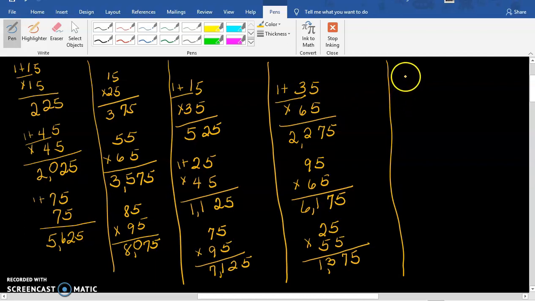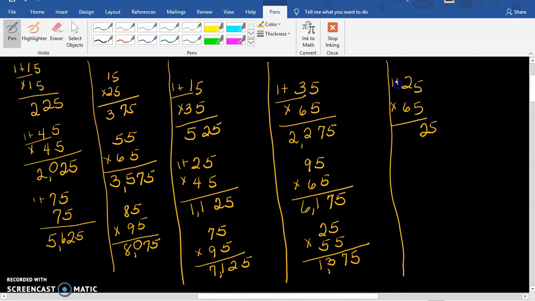How about if the tens digits differ by 4? Like for example, 25 times 65. They're both two-digit numbers ending with a 5, but the difference between the tens digits is 4. My last two digits would be 25. Just the same thing.